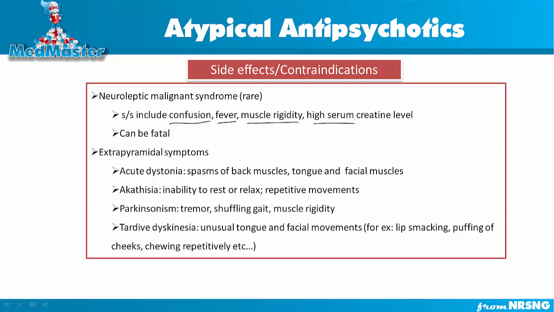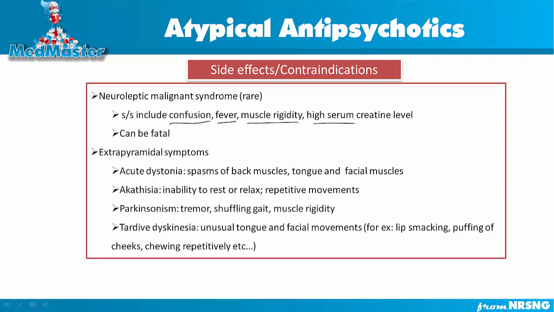Now, extrapyramidal symptoms are caused by the blockage of dopamine receptors or the dopamine neurotransmitter in the brain. As we talked about, dopamine is really important in the coordination and muscle movements.